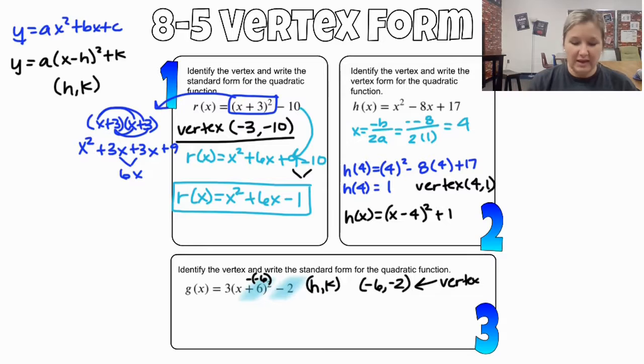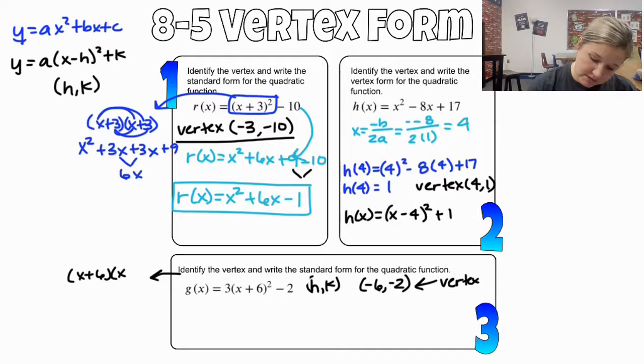But here's the hard part. Now we have to go back and write this in standard form. What I need to do is square x plus 6 over here to the side. So x plus 6 squared is like x plus 6 times x plus 6, which means I have to FOIL.